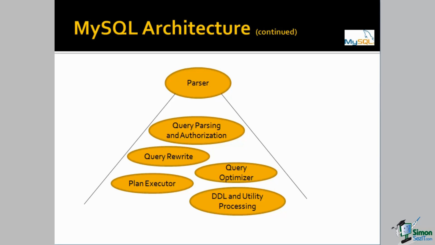The first step is to parse the query, and parsing the query is ensuring that the SQL statements are legal SQL statements, that the keywords are correct, that the arguments passed to the statement are in the order in which the SQL statement expects them, and so on. And then the authorization of that query, whether or not that query has the authority, has the permissions to access the resources that it needs to execute. And the query may be rewritten based on the outcome of the parsing function and the optimizer function.